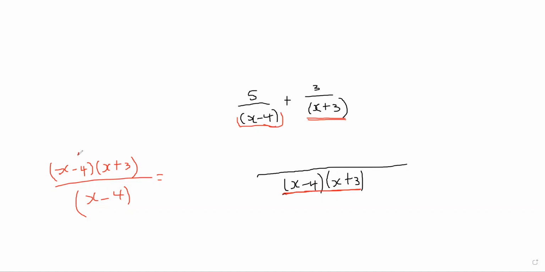Or x plus 3, we can cancel these two, right? Cancel. So these two are the same, so they can cancel each other. So all we are left with is x plus 3. All right, x plus 3. So we use the x plus 3 and we multiply it at the top here.